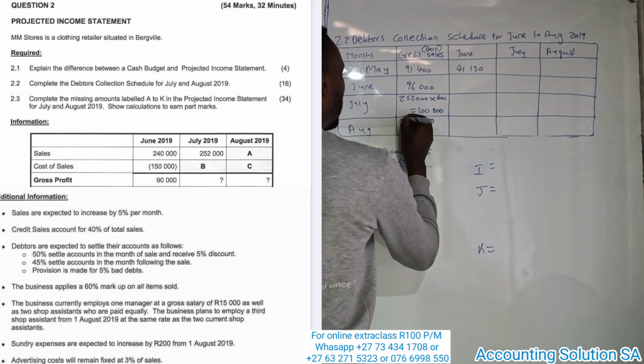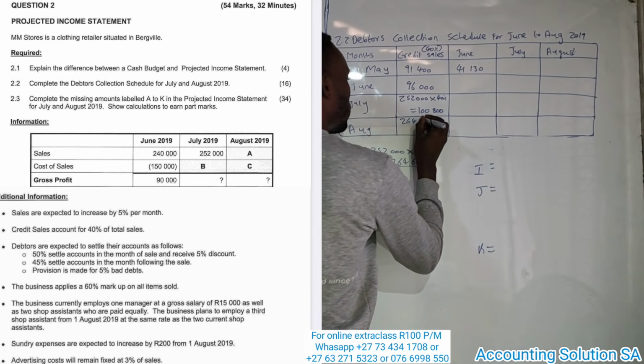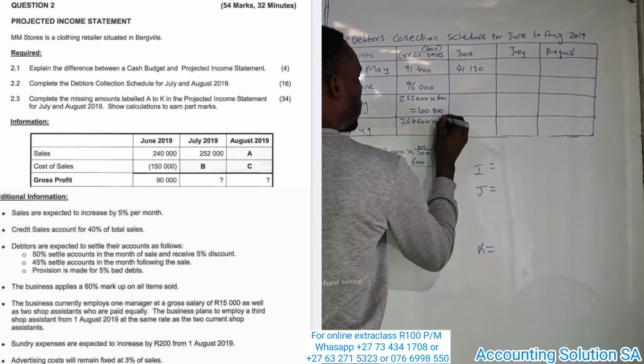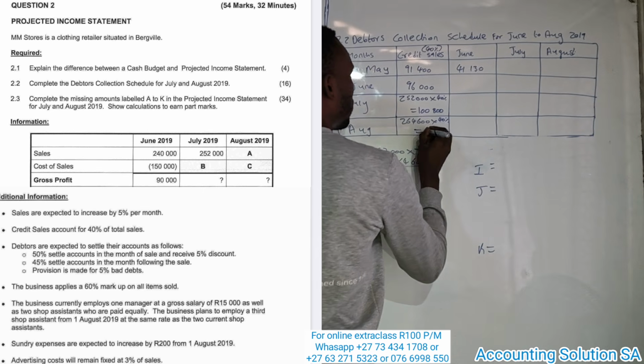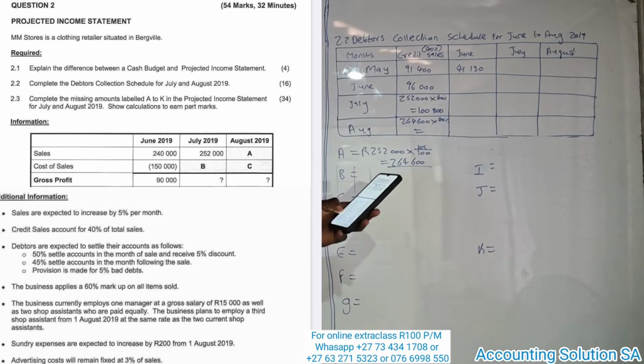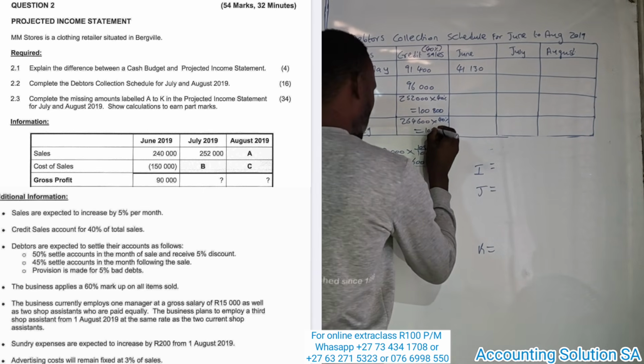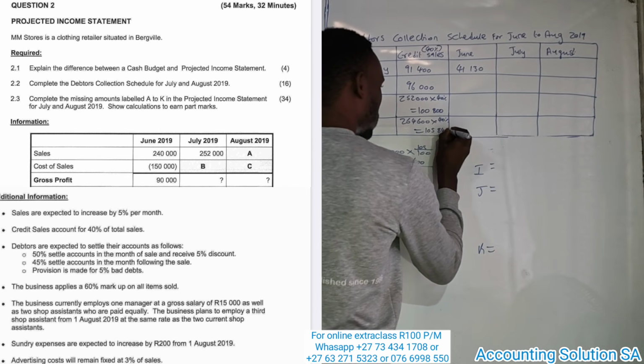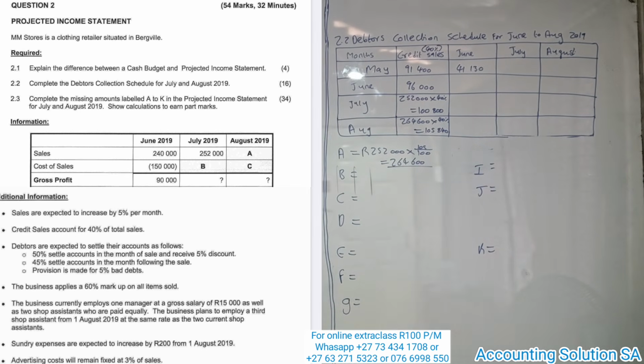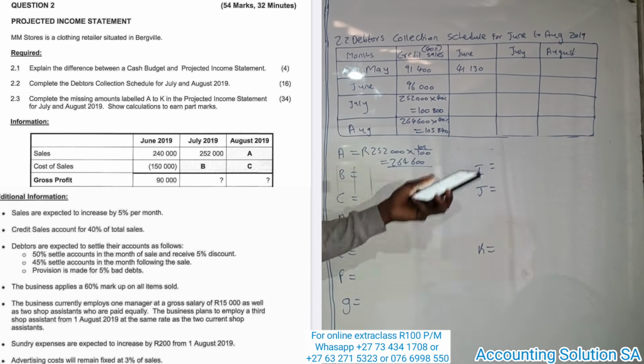Now we can say 264,600, and we multiply by the 40% of credit sales, which is going to give us 105,840. Okay, now we have all credit sales. We can calculate our collection schedule.